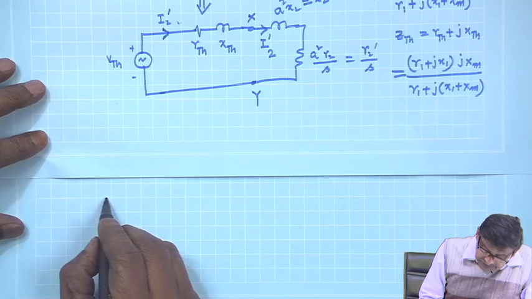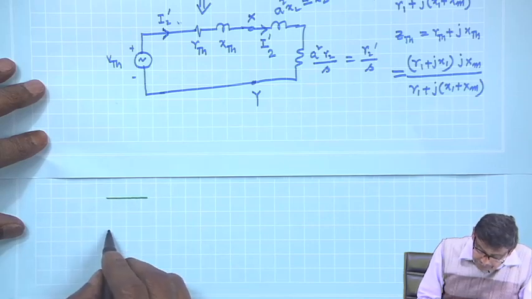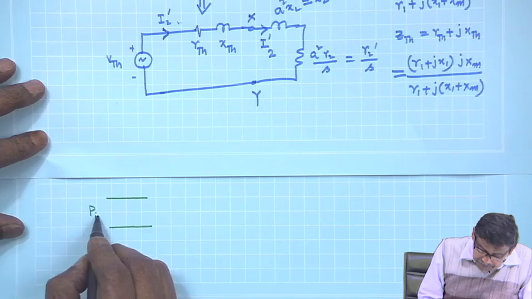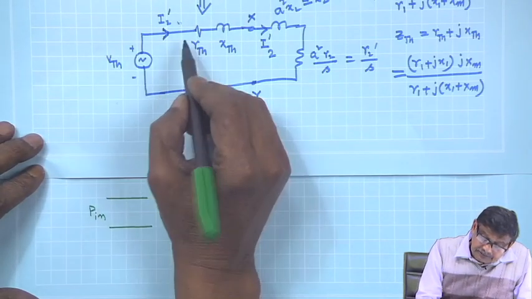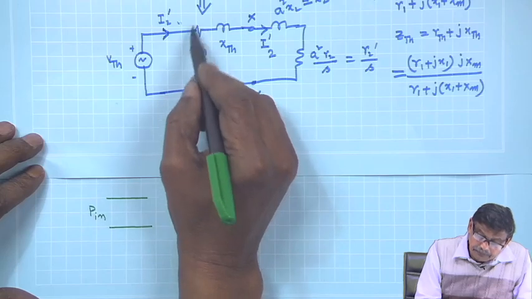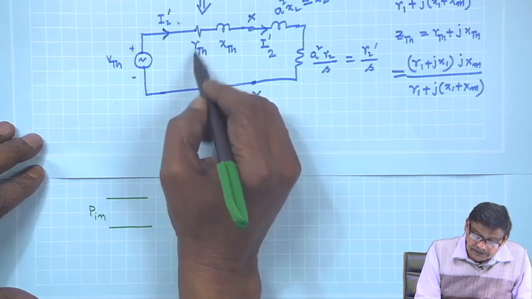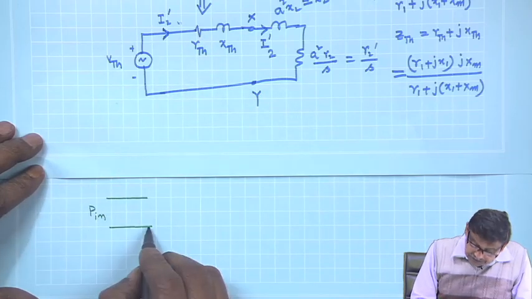Suppose I say this is P in, electrical power input. It will supply some power loss in this R Thevenin. So, stator copper loss.